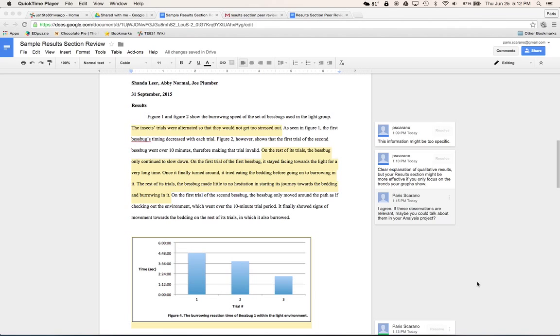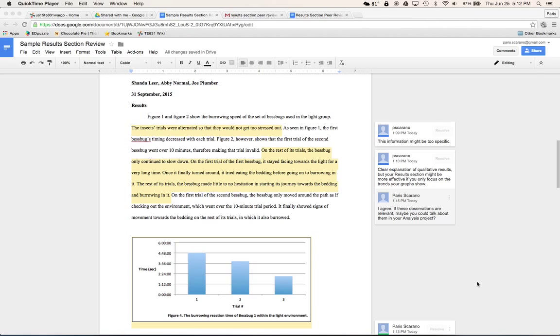All right, so students will use an explicit checklist, which I'll show in a minute, and the results section guidelines, as well as the information I discuss in class while they're working to review the different papers. And they should be able to indicate, hopefully, what other groups have done well as well as room for improvement, so things that other groups may want to consider changing.